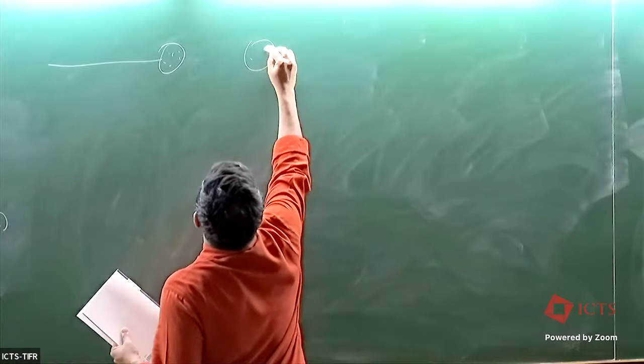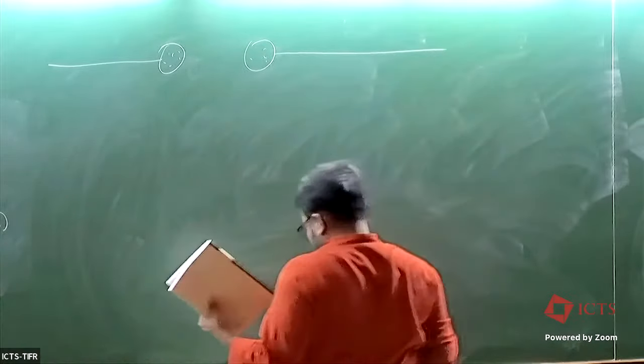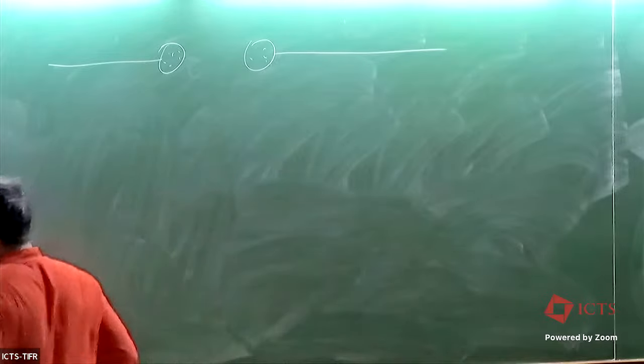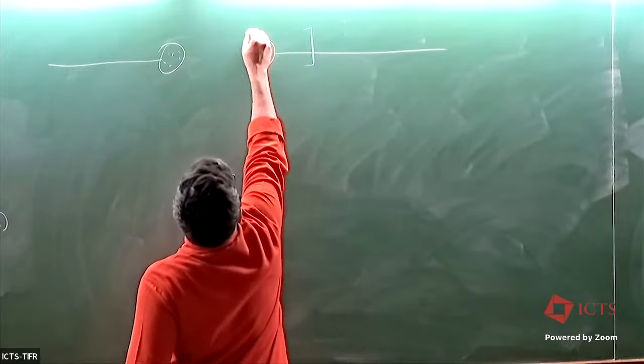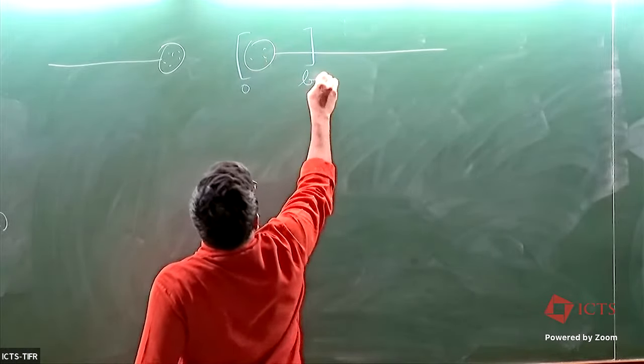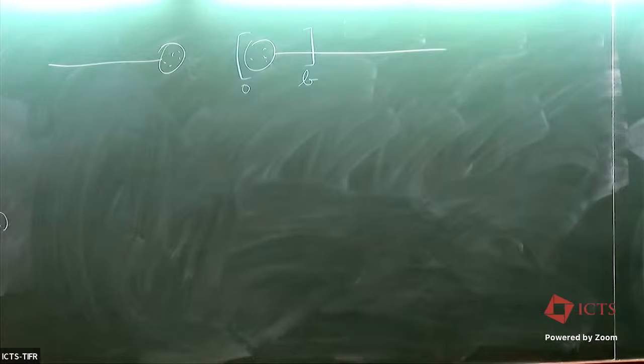So what we are going to do is to calculate the entanglement wedge corresponding to just one region, so 0B. This is now the region of interest, and we want to calculate the entanglement wedge for that.